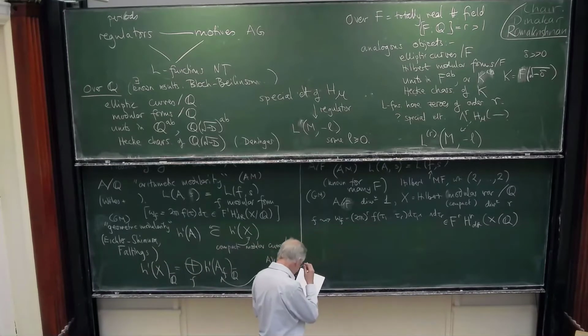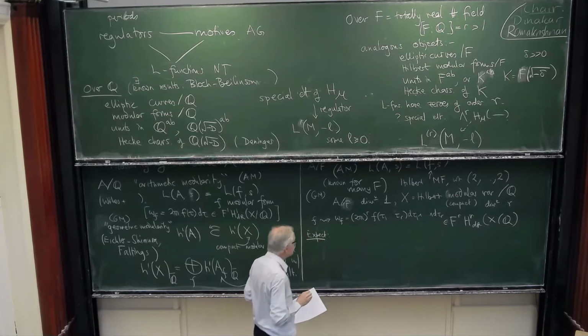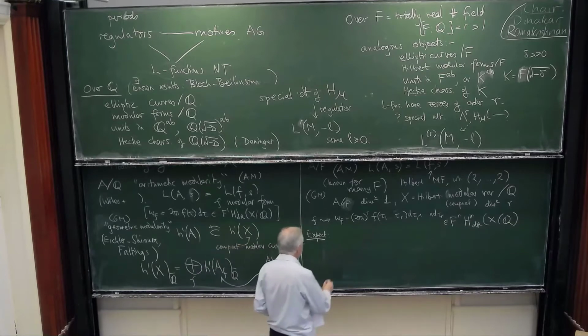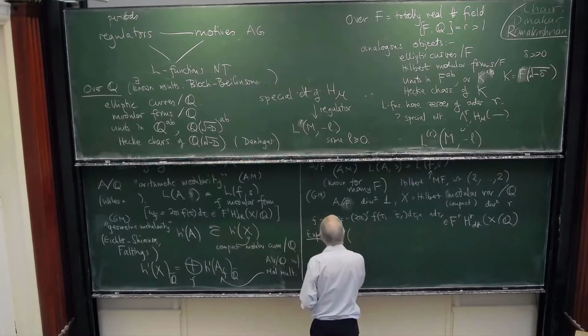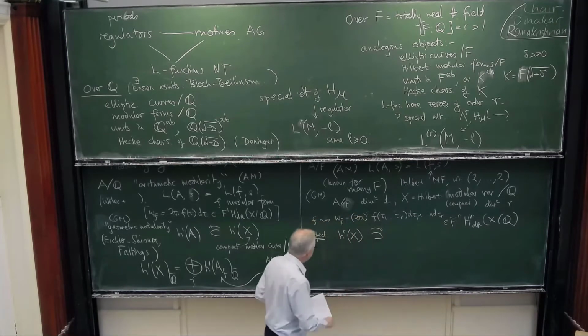Okay, so what one then expects is that the geometric modularity is given by an inclusion of motives.